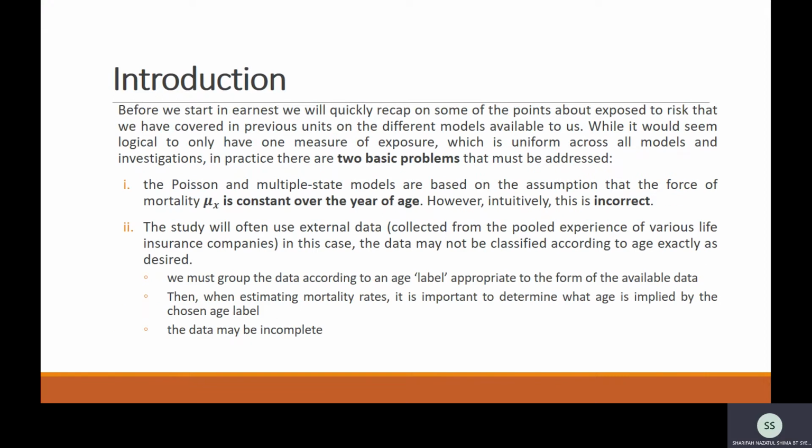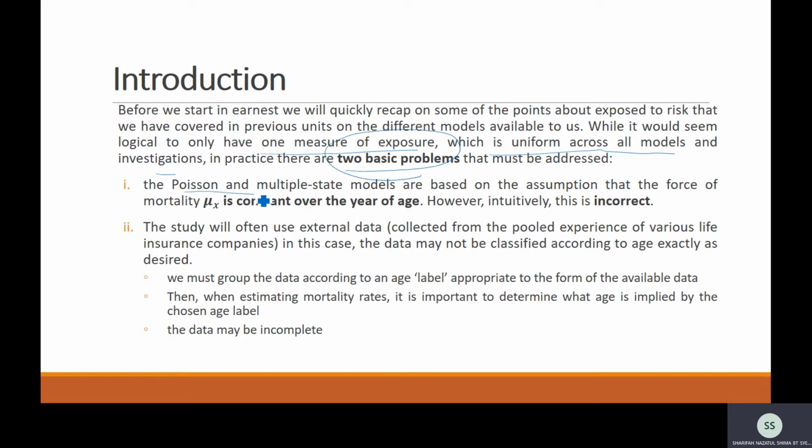So we recap some points about exposed to risk that have been covered in previous chapters on the different models available to us. It would seem logical to have only one measure of exposure, uniform across all models and investigations. In practice, there are two basic problems that must be addressed.